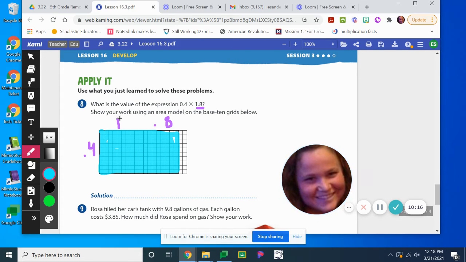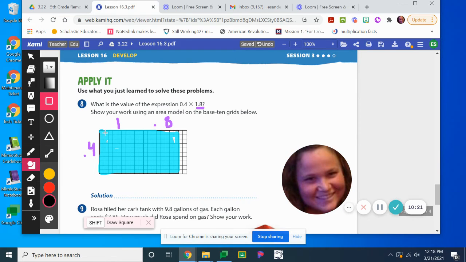All right, I'm multiplying it by 0.4. So I'm going to take the shape and count 4 down. So 1, 2, 3, 4, because that's 4/10, and I'm going to come all the way over with 4/10.